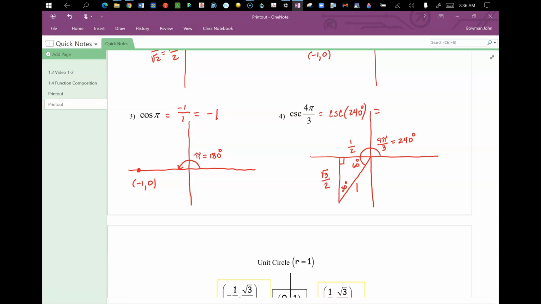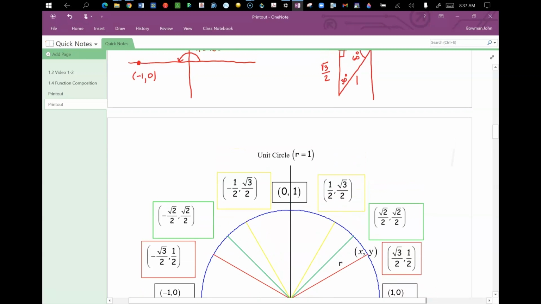So the cosecant, the reciprocal of the sine, is y over r, which is going to be root 3 over 2 over 1. So we're going to take the reciprocal of that, 2 over root 3 over 1, but there's a negative in front of it, and typically that would be rationalized, so -2 root 3 over 3.